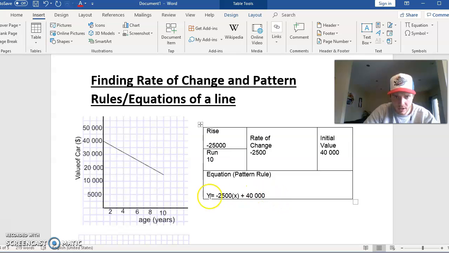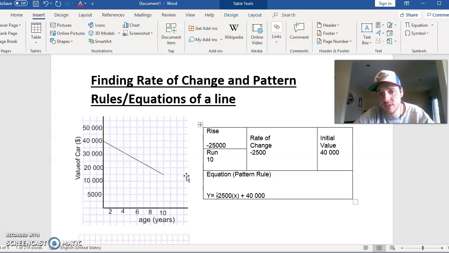That would be the equation that represents this graph. Why is the rate of change negative? Because it's going down. All right? This is pretty difficult. It's not easy math stuff. So if you have questions you want me to go over on how to find rate of change or make the pattern rule given a graph, let me know and we can do that, all right? Because you do a lot of this kind of stuff in grade 10, a lot of y equals mx plus b stuff in grade 10.